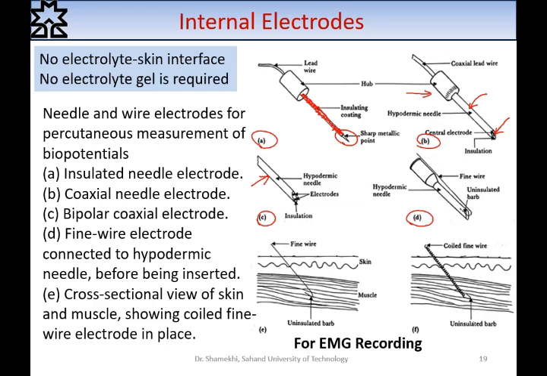We have an outer conductive metal layer here, but at the tip we have 2 electrodes and some isolation between them, and these types of electrodes are used for recording difference signals, and also they have their own references.